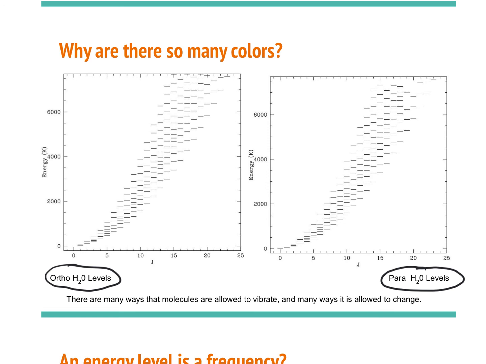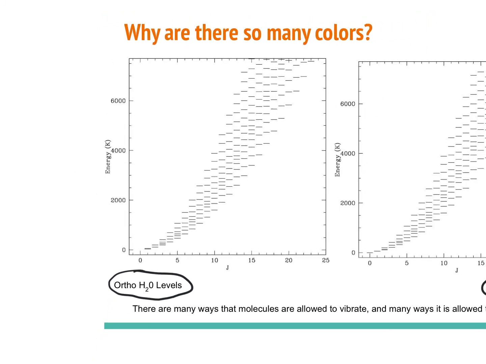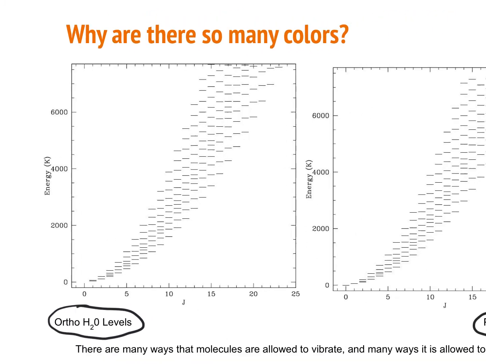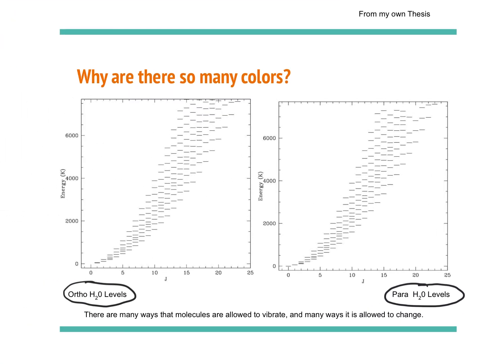For each of these, I was simulating 200. Actually, I forget if this is 109 or 209. It's probably only 109 levels here, 109 levels there. And I wrote a program that actually analyzed the different transitions that could happen for all of these energy levels.